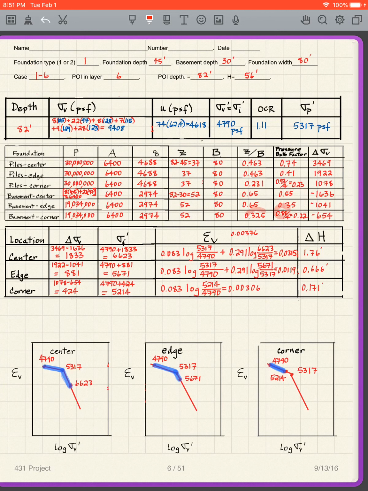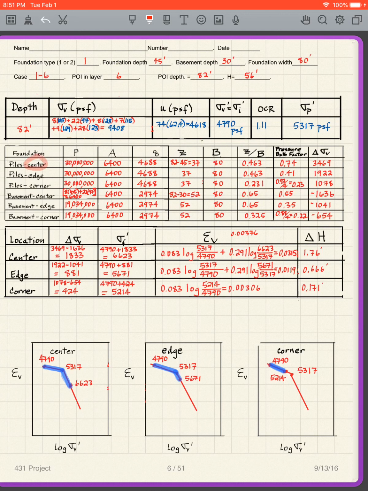I get 0.88 for that Z over B below the center, but then I have to divide it by 4, and I get the 0.22 here. So again, I take this pressure bulb factor, multiply it times that, and that gives me these. And then, of course, I have a negative sign because it's the basement. We're removing the soil, so we are removing the load, so this has a negative sign.